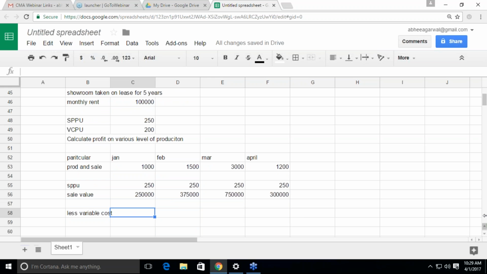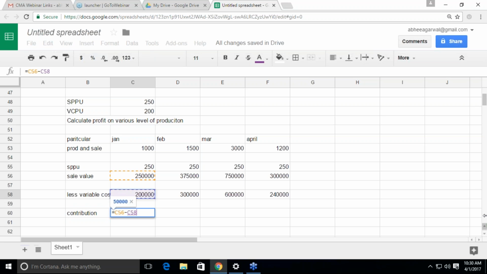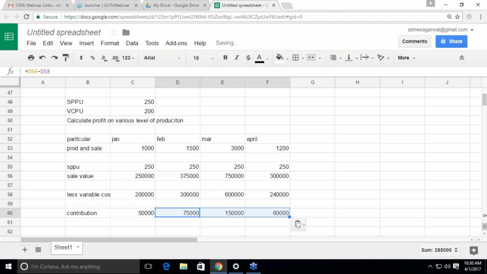Now your variable cost per unit is 200, so 200 multiplied by 1000 units. Sale minus variable cost gives you the contribution: 2,50,000 minus 2 lakh, 50,000 rupees is your contribution.